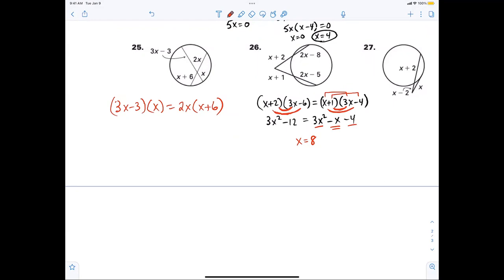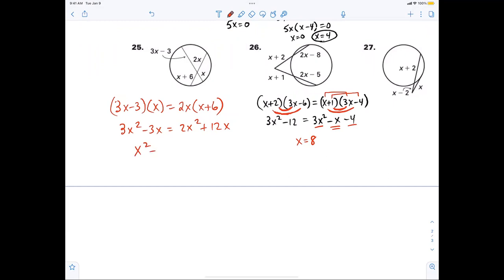When I distribute the x, what do I get? 3x squared minus 3x is equal to 2x squared plus 12x. Anybody have any issues with that? So now say that again.